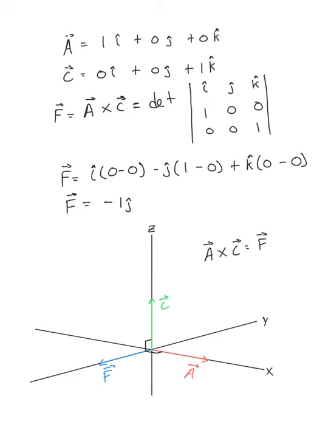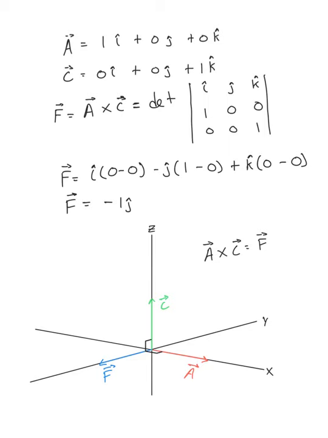So we have given A a length of 1. And we can write the vector C as 0 i hat plus 0 j hat plus 1 k hat. If you're ever given a vector that has components in, say, only one or two directions, just insert a 0 for that third direction so that you have 3 components to plug into your matrix.